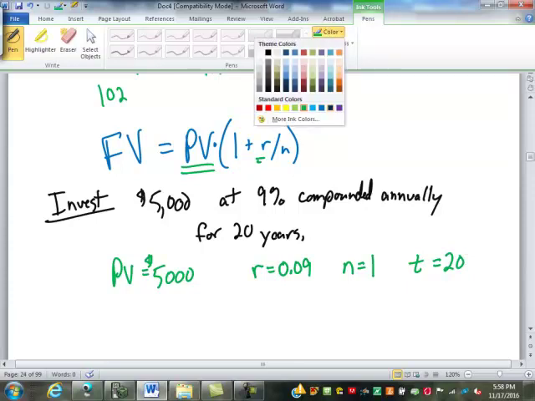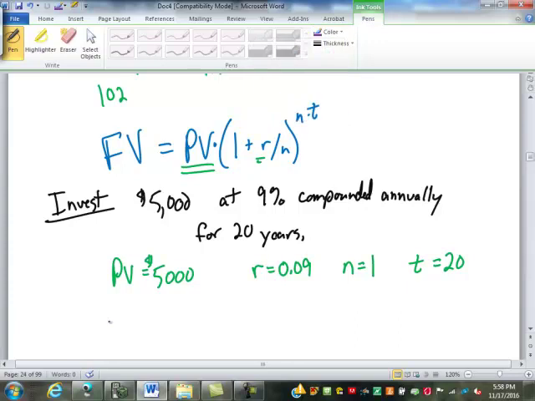So to figure out the future value here, which is what I'm trying to find, I'm going to put in $5,000 times, in my parentheses, most of your calculators you don't have to put the times in front of the parentheses, 1 plus 0.09 divided by 1.